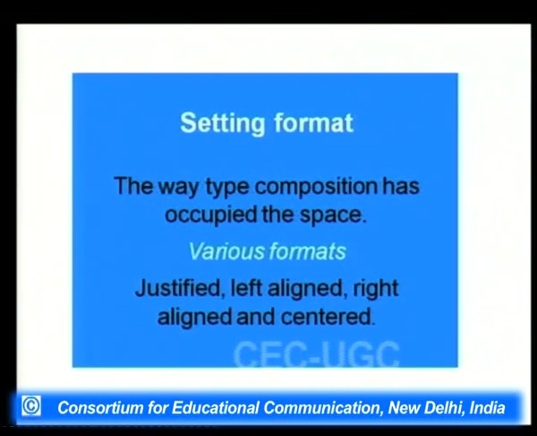Second is left aligned: lines are aligned only on the left, whereas the right side is ragged. Right aligned: the right side is aligned and the left side is ragged. And centered. Centered means the composition is divided into two parts by an imaginary center line. For example, this particular slide is in center format.